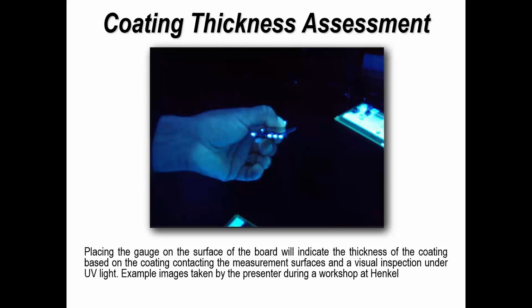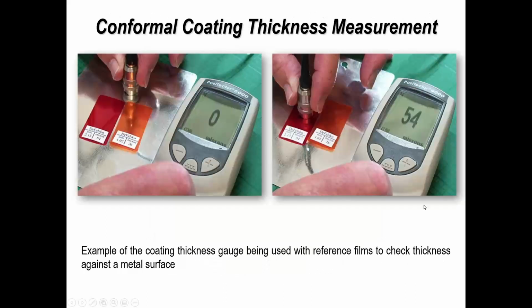So the height difference between the one that's coated and non-coated gives you an indication of the wet thickness at the point of contact on the printed circuit board. So again, it's something that is used in our industry. It's not the best, but it's better than not doing anything at all.